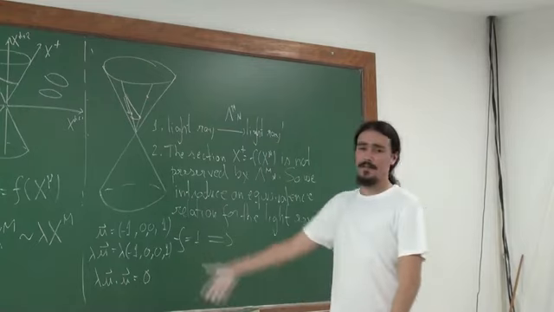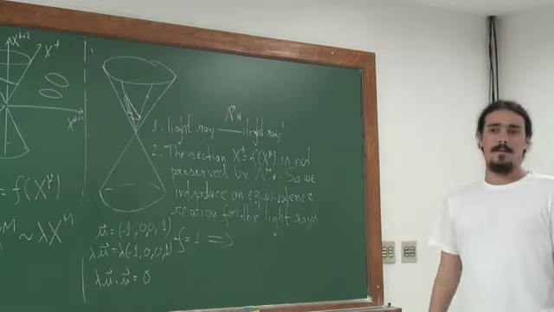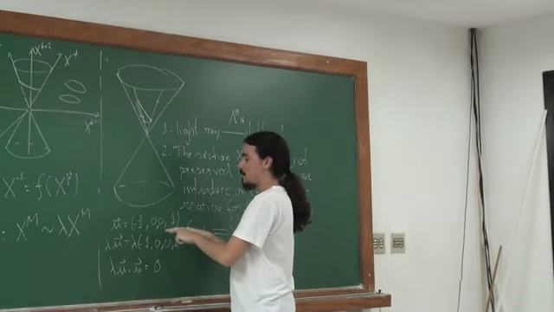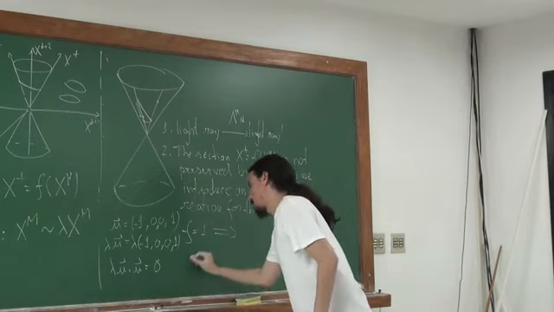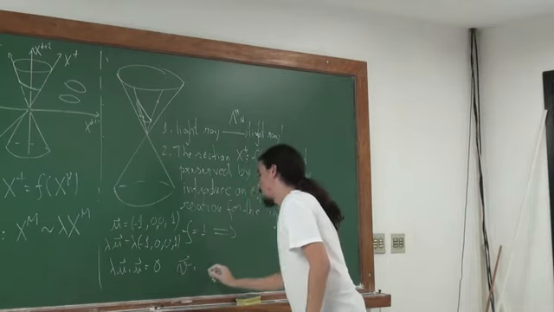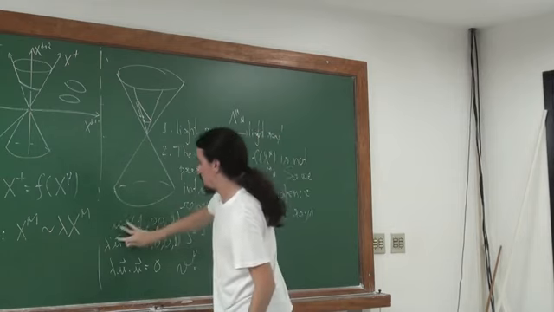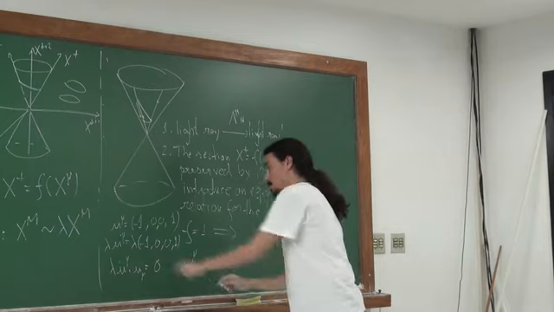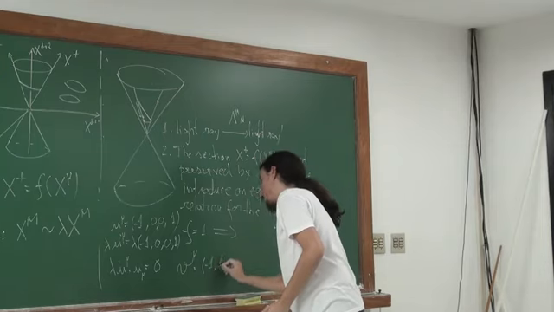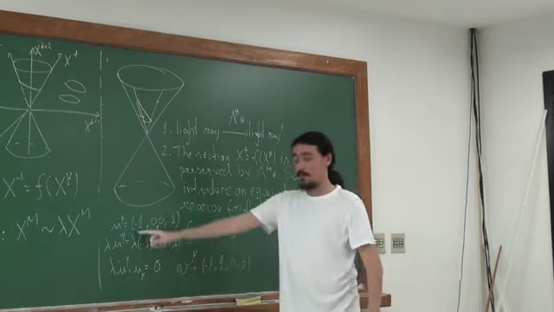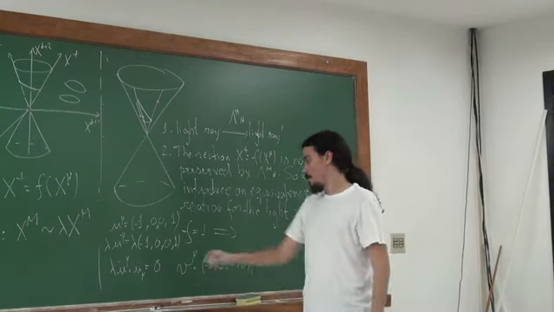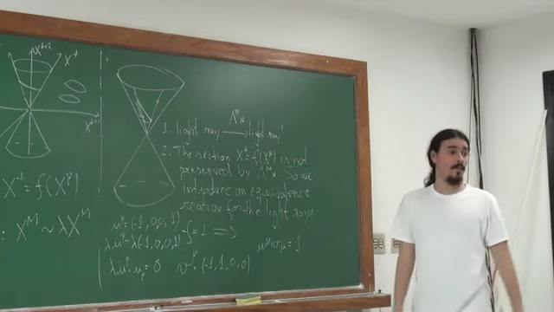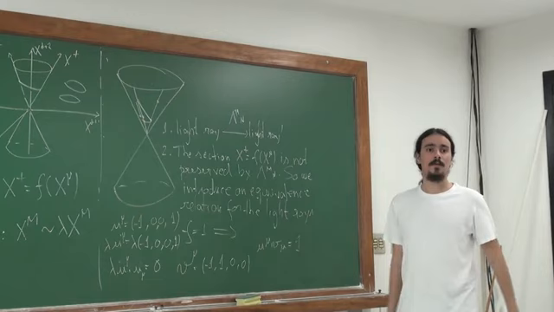I'm not sure, I just say this. This might help as to why we choose to identify points on the same light ray. If I take another null vector, say V, that is not proportional to this one, for example -1, 1, 0, 0, then if you compute this, it will just be 1, it doesn't vanish.